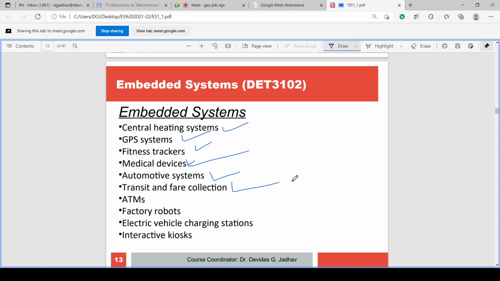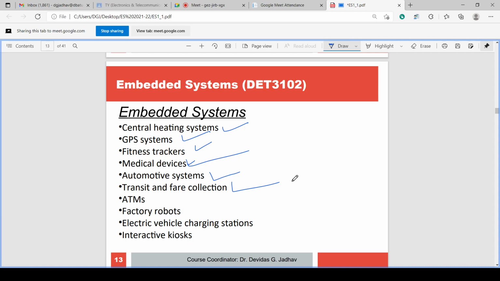Then ATM machines, okay, money vending machines. There the embedded system is required because that machine has to communicate with the banking website over the internet. It has to authenticate the smart card, the debit card or credit card, the thumb impression, the person's face recognition, and the keyboard password, isn't it?